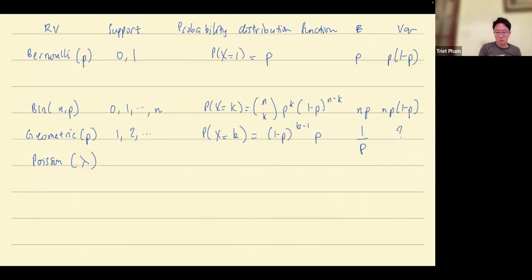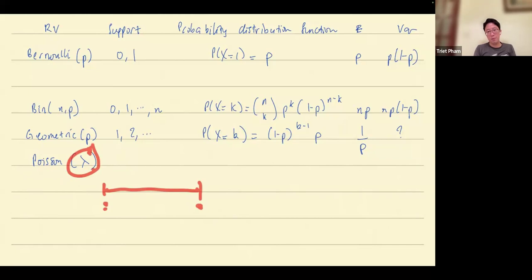It's associated with rare events, and we'll say why that's true, but it's not really. So that's one interpretation. Basically, it looks at the number of arrivals during a period of time, with the rate of arrival lambda. So lambda here is a rate of arrival.